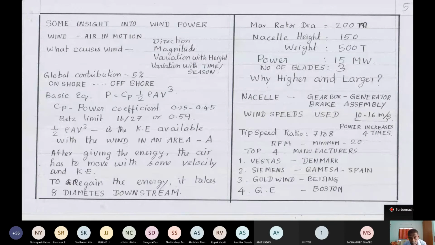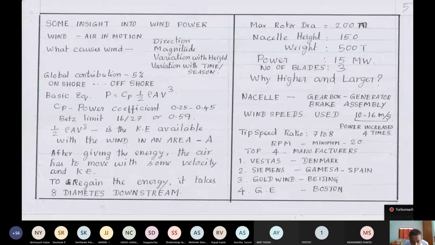Then again, to become 10 meters per second, you need a distance of 8 times the diameters downstream. If the rotor diameter is 100 meters, how much downstream can you put the next turbine? Can someone tell me? 800 meters. Because just after the wind turbine, the velocity will decrease. Then it regains the energy.